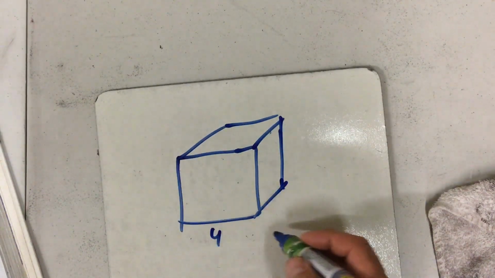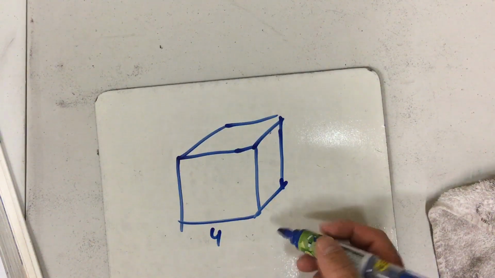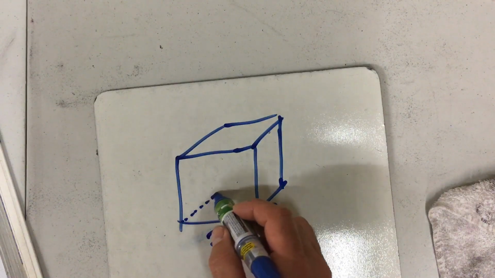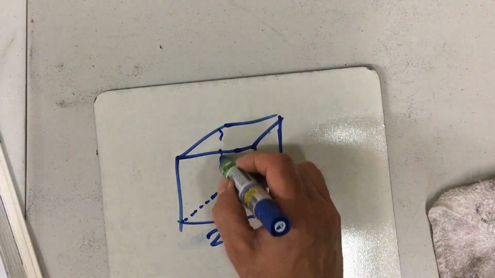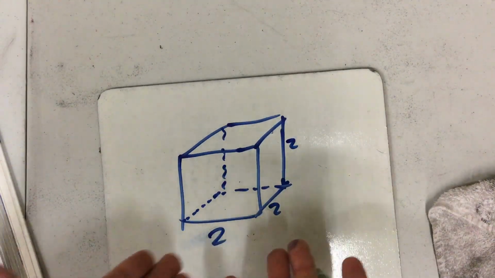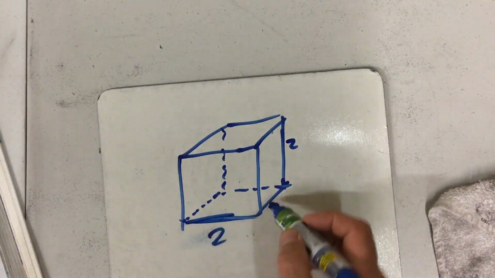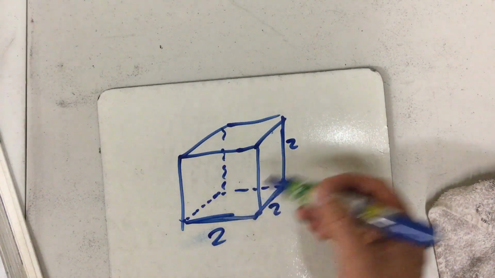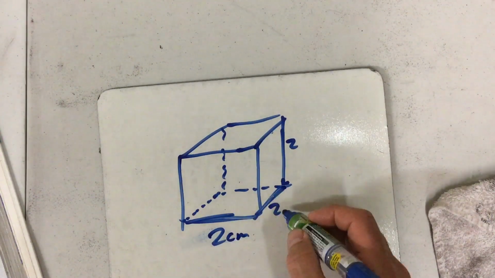And each side is, let's say, we'll go 2 by 2. And that's the part you can't see, okay? And then the height is 2. Now, each face would be 2 by 2. So each face would have 4 square, whatever they are, let's say centimeters.